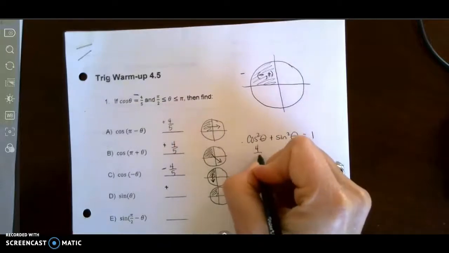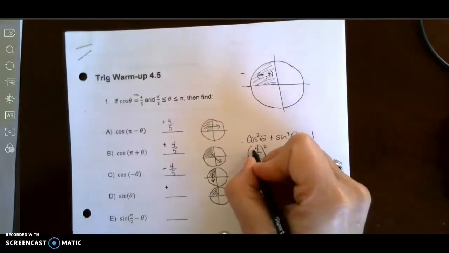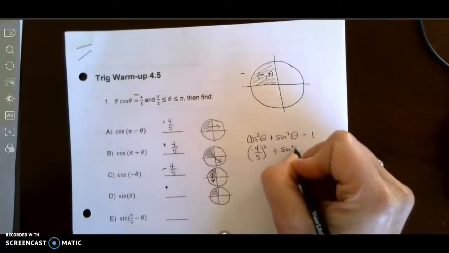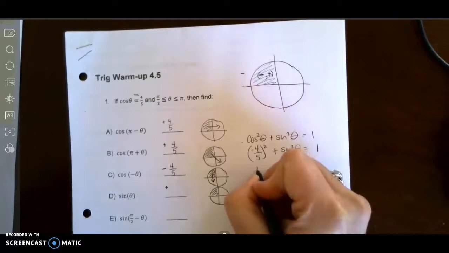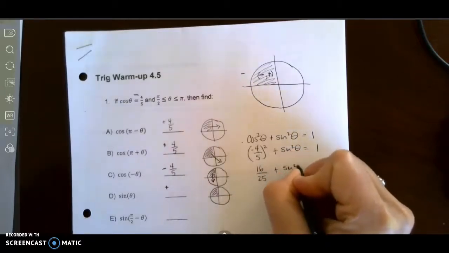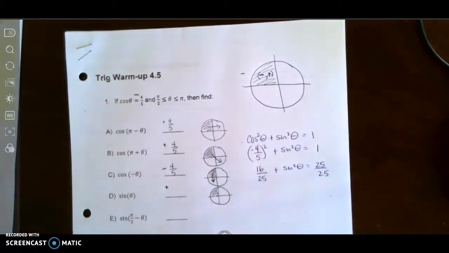So I have 4/5 squared. And it is -4/5, but when I square it, it's going to become positive. Plus sine squared equals 1, so I get 16/25 plus sine squared equals 25/25.